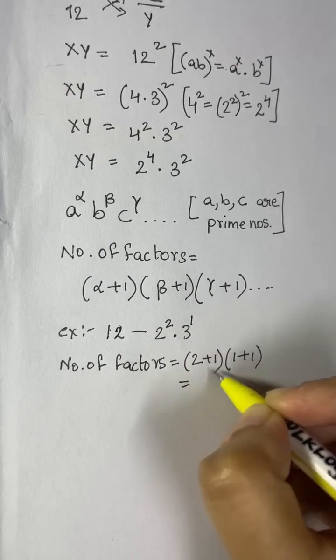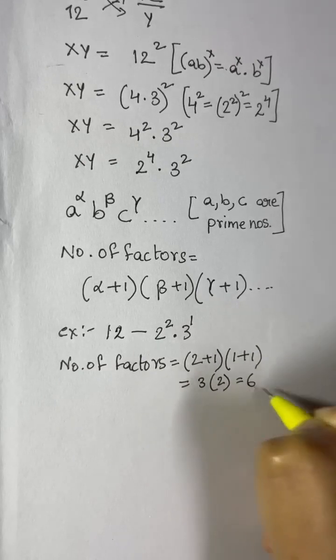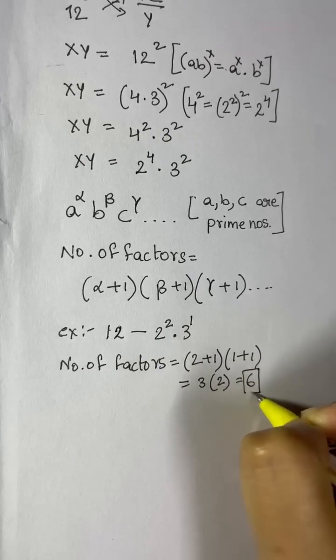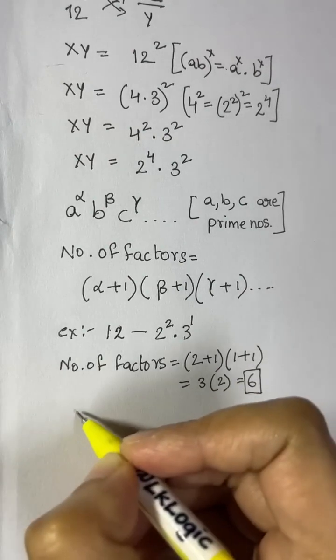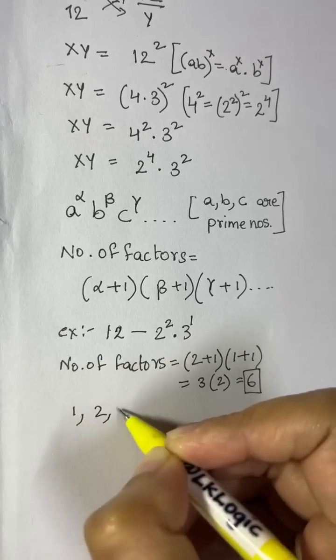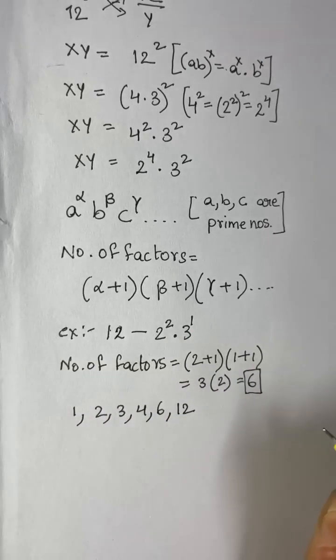That is 3 times 2, which is 6. So it has a total of 6 factors. What are those? 1, 2, 3, 4, 6, and 12.